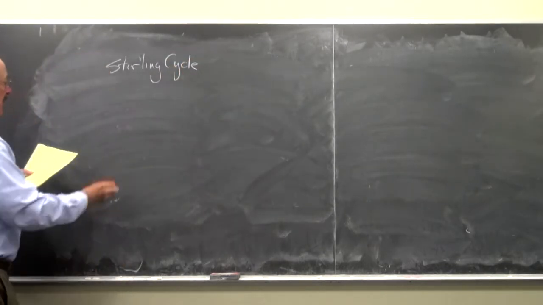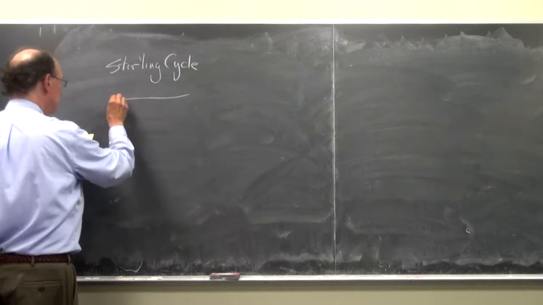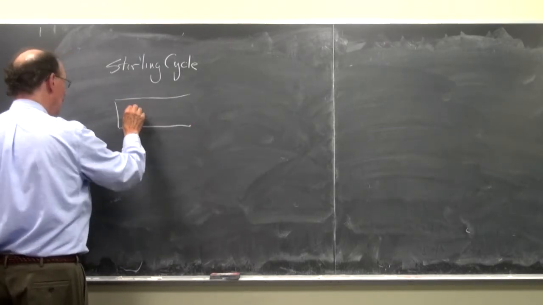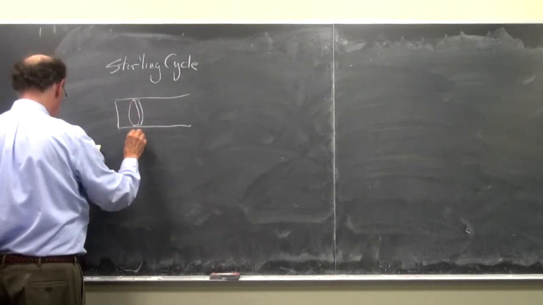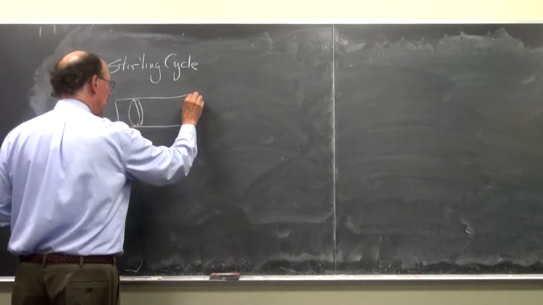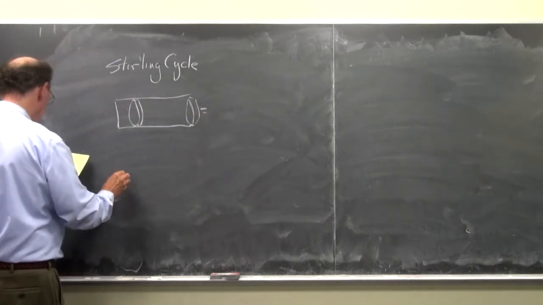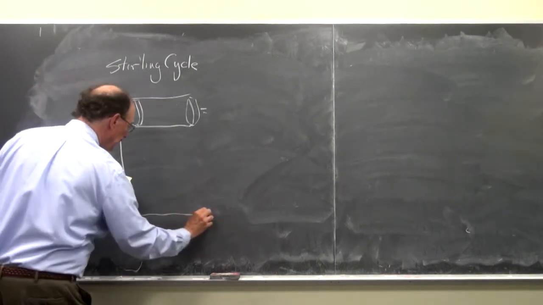So if I do this, let me draw a piston cylinder here. And then we'll be down here, bottom dead center of a PV diagram.